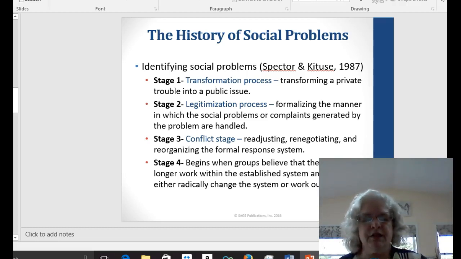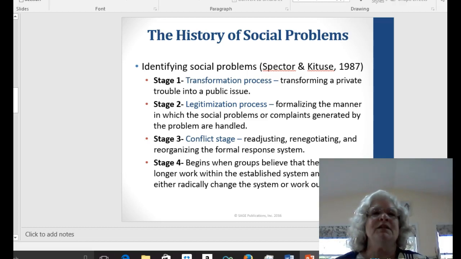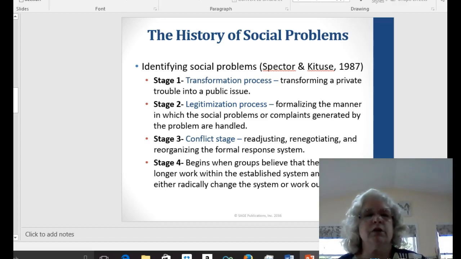Then it goes through a conflict stage where we negotiate back and forth, and if groups believe that they can no longer work with the system, they will start radical movements. Think about the movements that exist out there. Even things politically, like the Tea Party movement, which felt that things had become too liberal in the process, are part of attacking and saying that our political system, or the way that we were dealing with things, was a social problem.